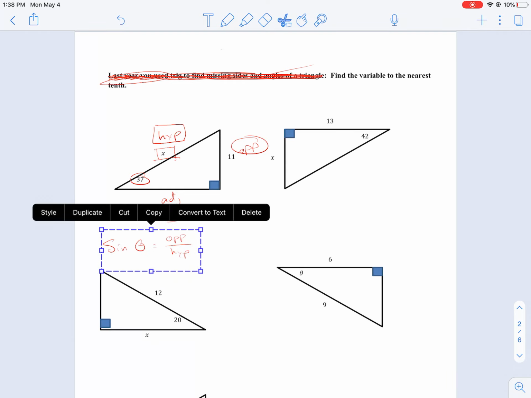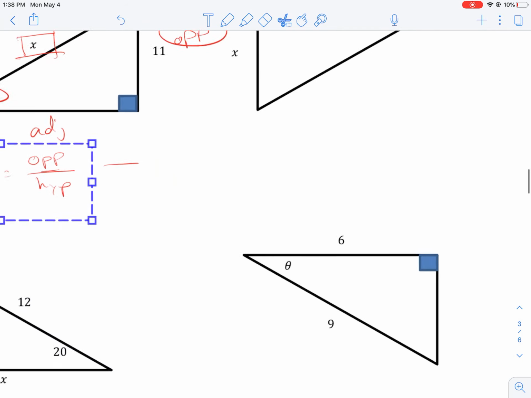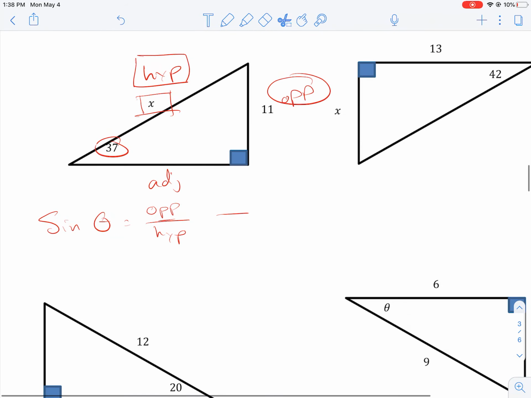Now let's start filling in the blanks here. Let me zoom in here. Okay, so in this case, we do have a degree measure, so it's going to be sine 37 is equal to, so our opposite is 11, but we don't know what our hypotenuse is.